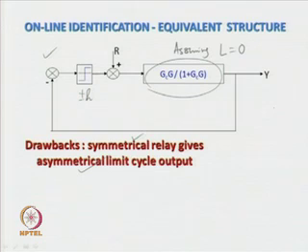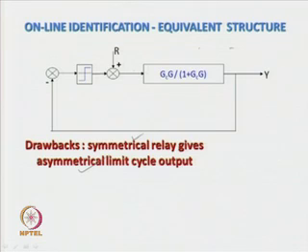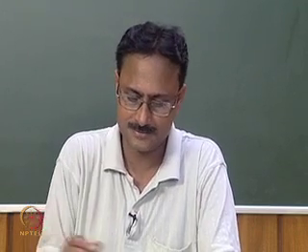Why is that happening? If we carefully observe the contribution made by the reference input to the relay output, then we can make out the type of input signal to the closed loop system dynamics.